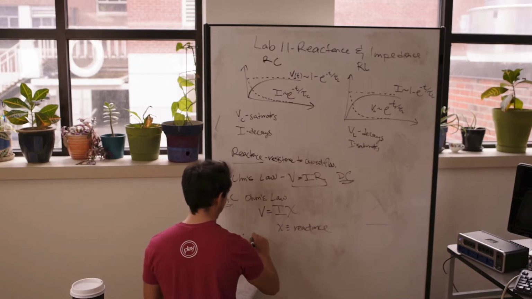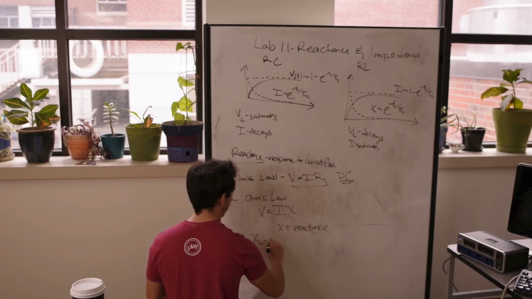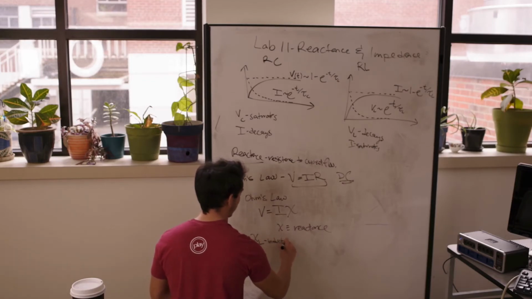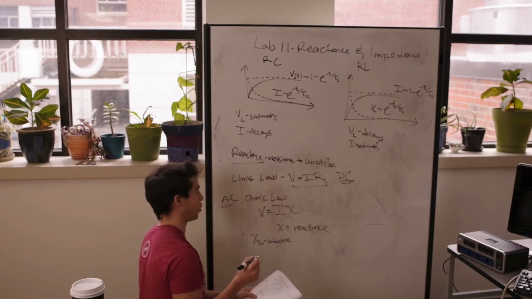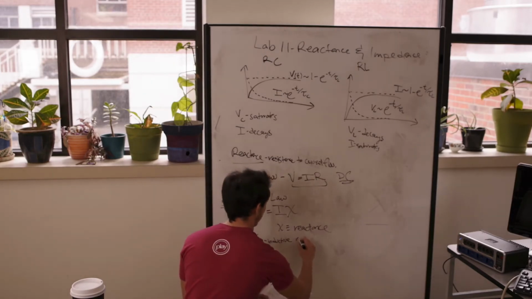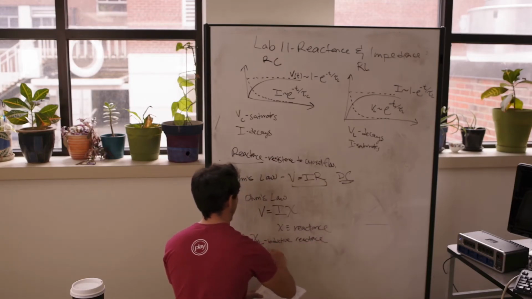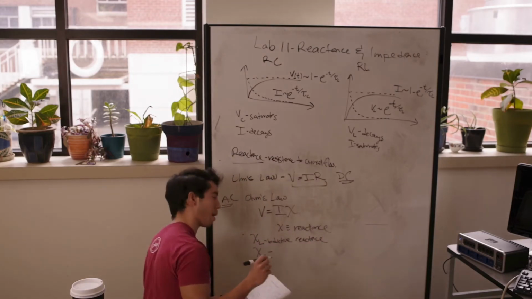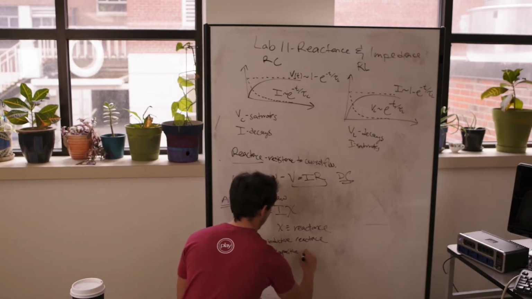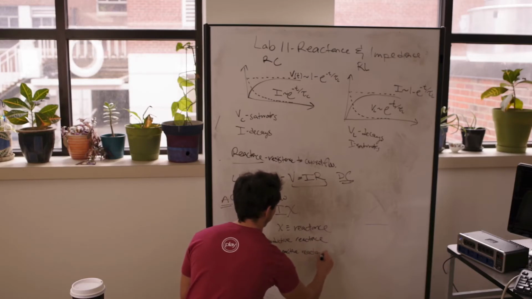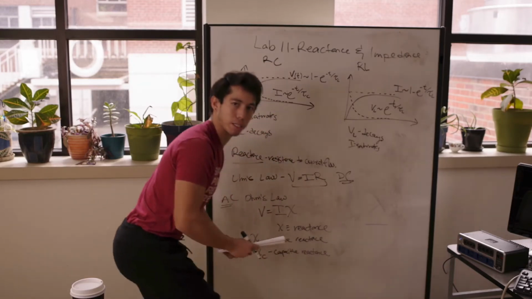We have chi L for inductive reactance, or the resistance to current flow produced by an inductor. And then we have chi sub C, which is the capacitive reactance, the resistance to current flow from the capacitor.